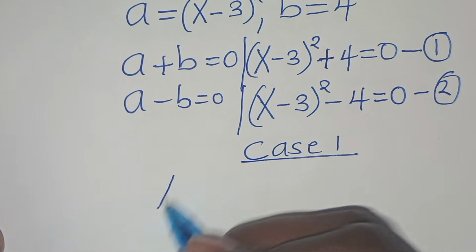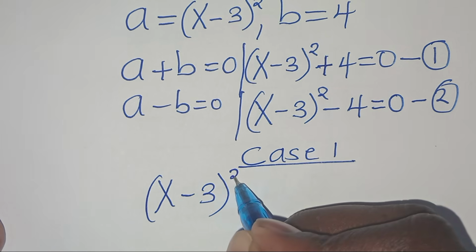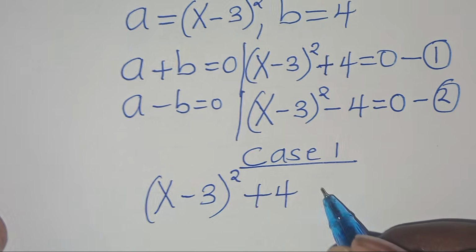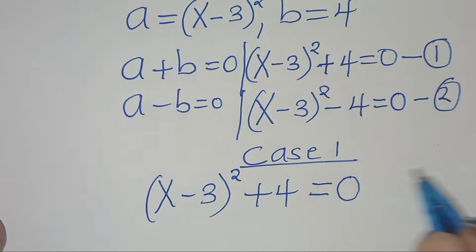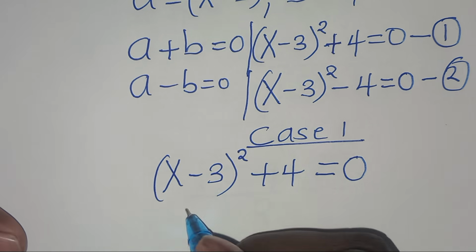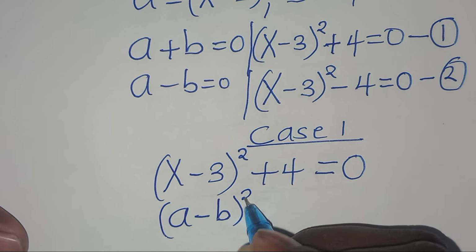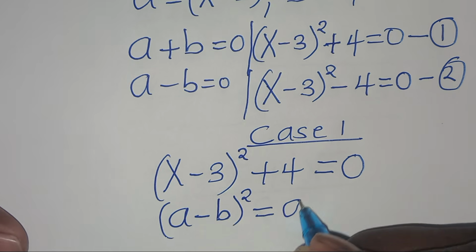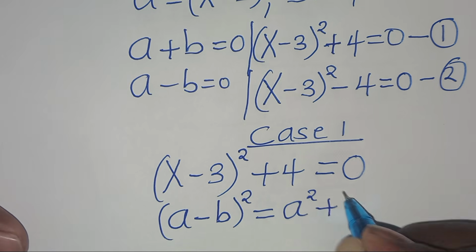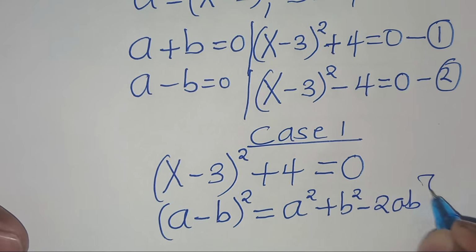In case 1, we have (x - 3)^2 + 4 = 0. So (x - 3)^2 is of the form (a - b)^2, which we can express as a^2 + b^2 - 2ab.